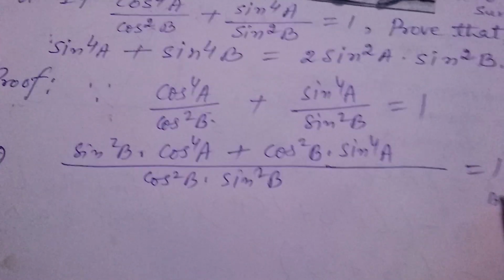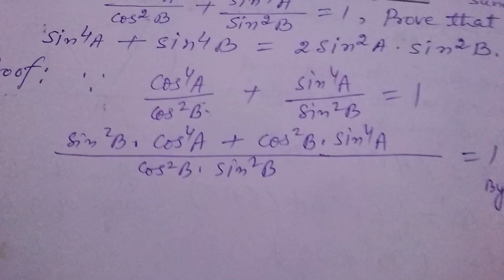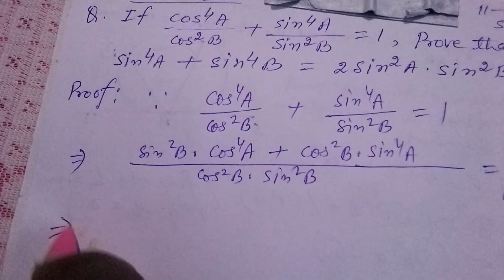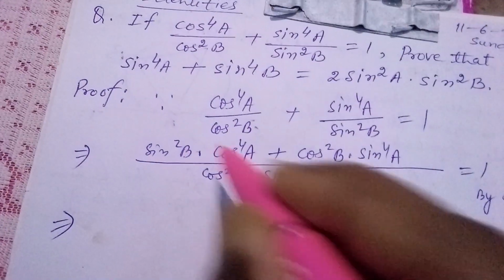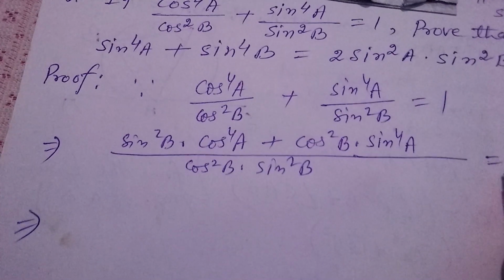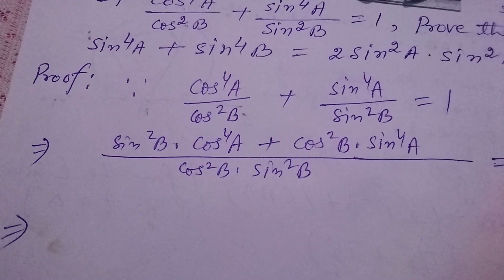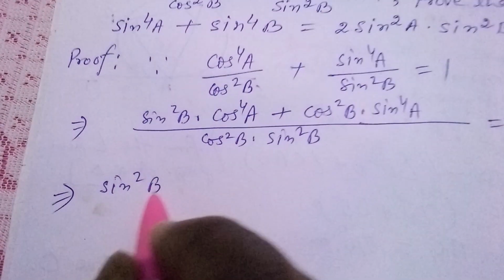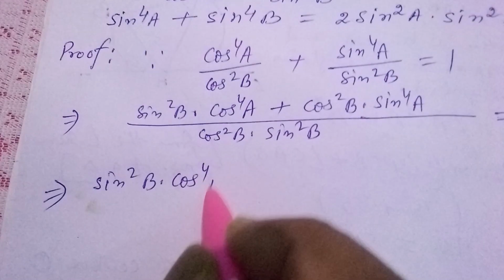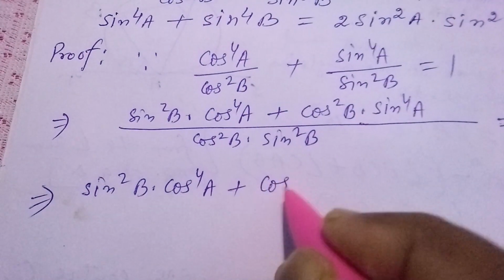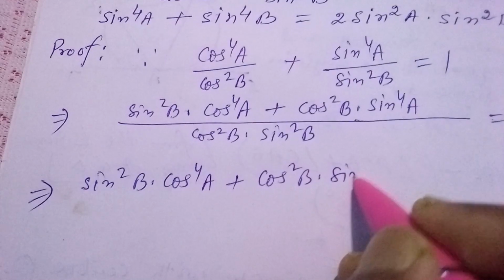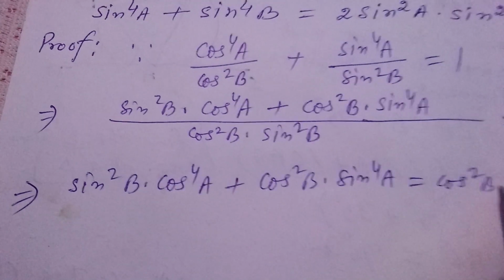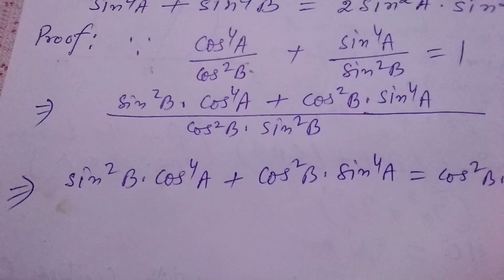Now by crisscross multiplication, that means this 1 is multiplied to this, and this numerator is multiplied to this 1. Here nothing is given, that means 1 is given. So we get sin square b into cos to the power 4a plus cos square b into sin to the power 4a, equals cos square b into sin square b.